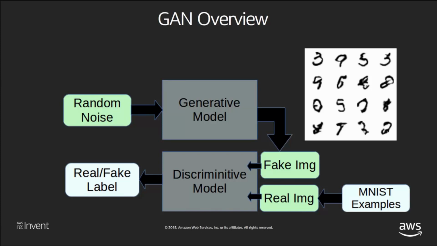These are not exactly the same images from the data set, but similar images that it's generating. The way a GAN works is that it has two parts. One is a generative model, which continuously adds noise to these images, so it's actually generating a random image.